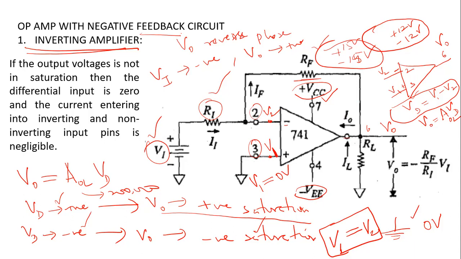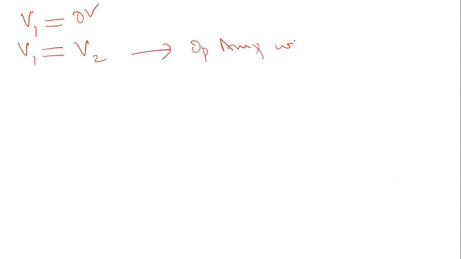Now if V1 and V2 are equal, and we already know that the voltage at the inverting input V1 is 0 volt, then due to this op-amp feedback, this is a property of op-amp with negative feedback, because you are connecting the output to the inverting terminal. So in an op-amp circuit with negative feedback, V1 and V2 are always set to be equal to 0. Therefore you can see that V2 is also 0 volt. Okay.